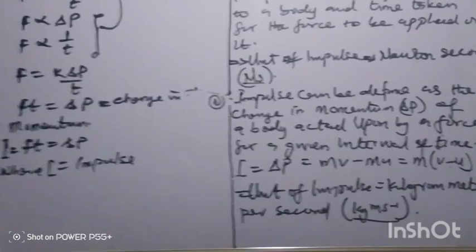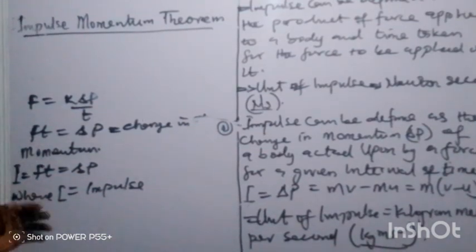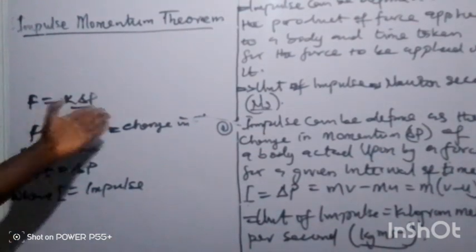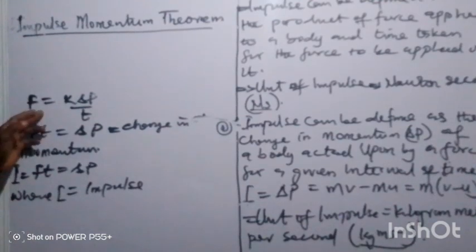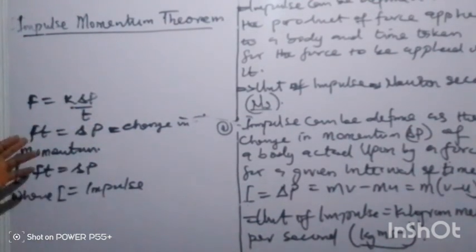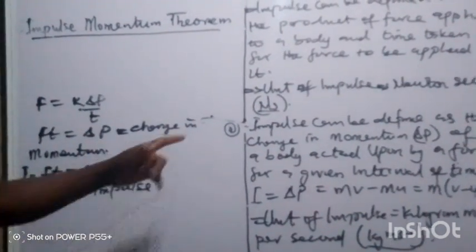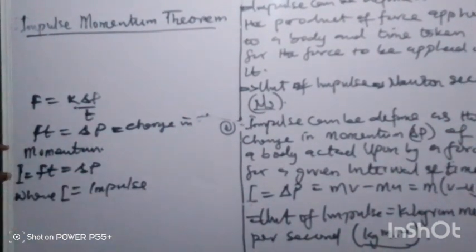As already explained before, from Newton's second law of motion, F is equal to delta P over t. Then from there we can say Ft is equal to delta P, which is the change in momentum. According to the theorem, the impulse of an object is equal to the change of momentum of that object.